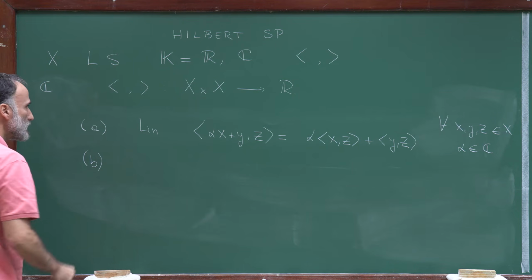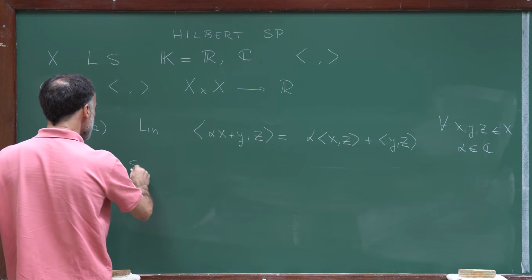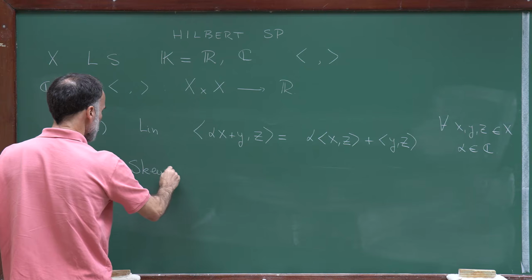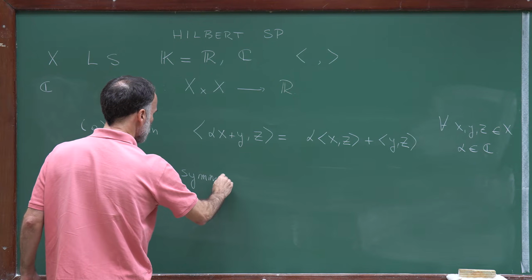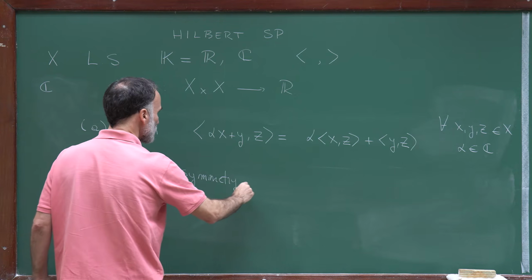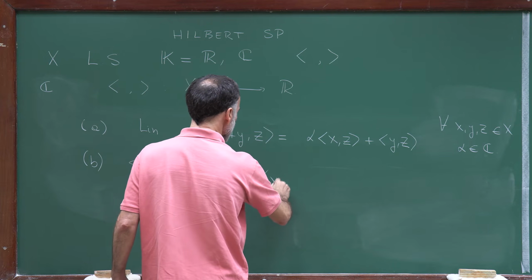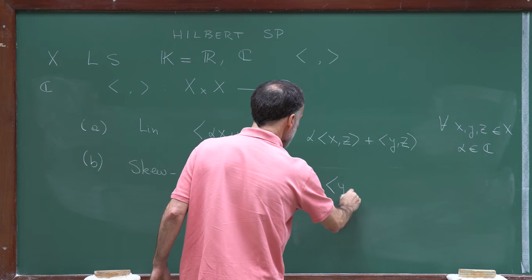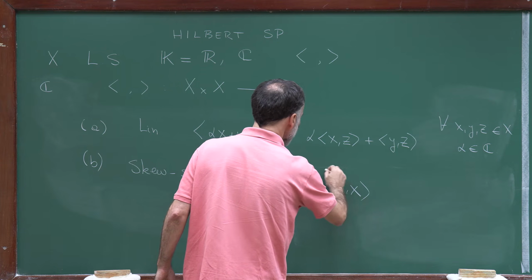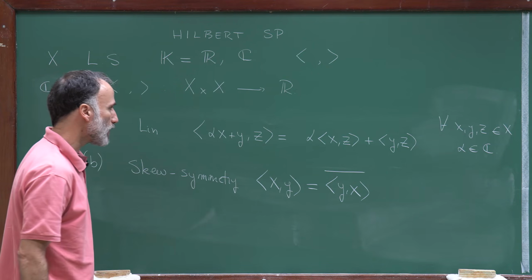But the symmetry is replaced by the skew symmetry, which means that (x, y) will be equal to the complex conjugate of (y, x).